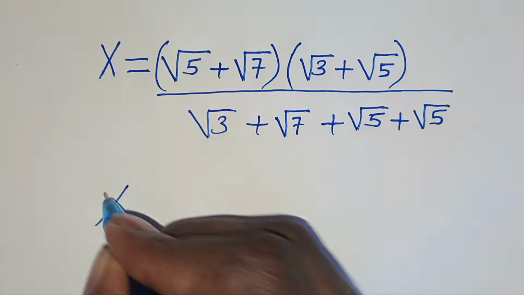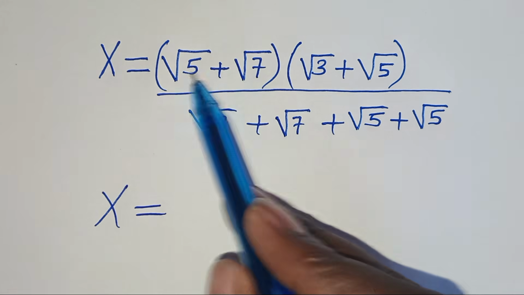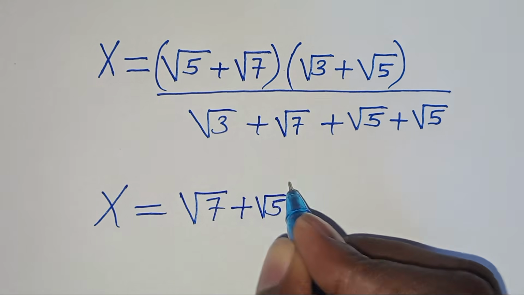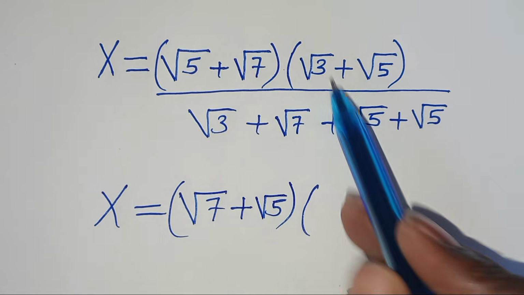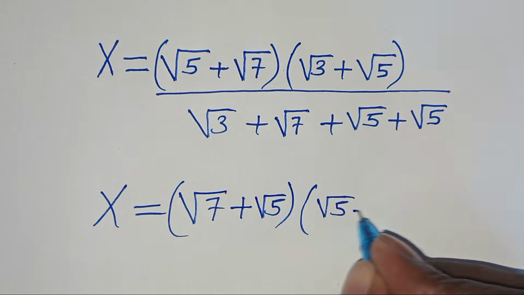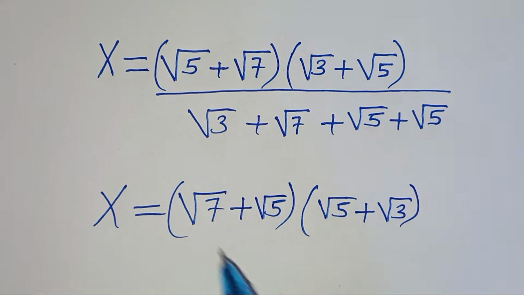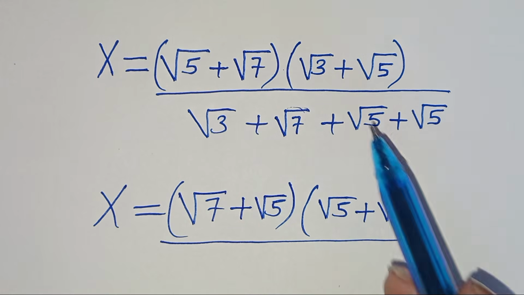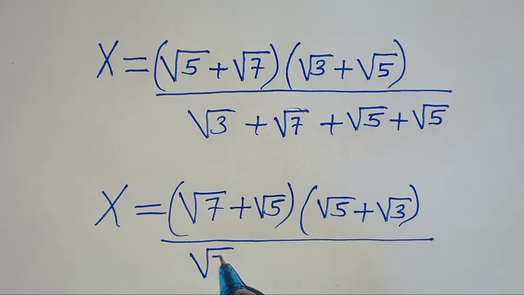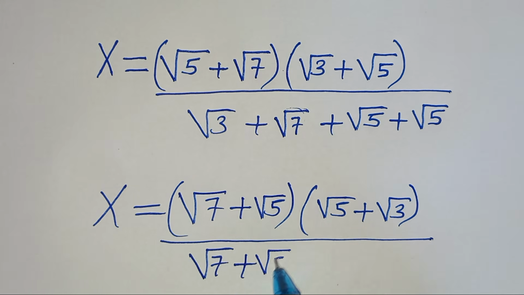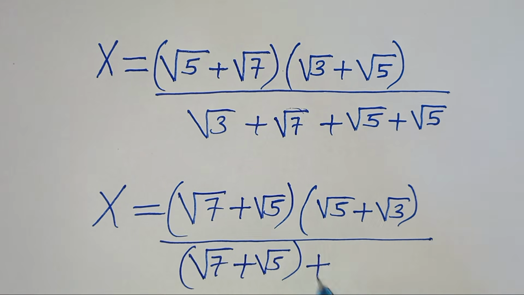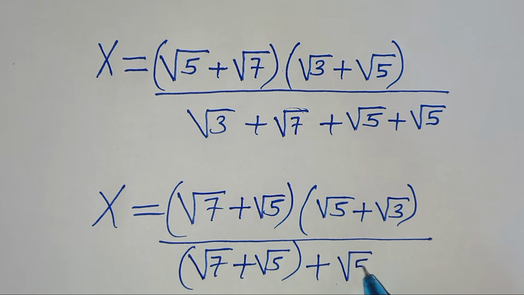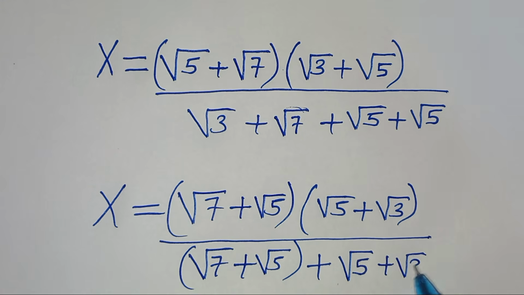Now we have x is equal to, in the numerator here, we can express this as the square root of 7 plus the square root of 5, multiplied by the square root of 5 plus the square root of 3. This is divided by, now here we have the square root of 7 plus the square root of 5, then plus the square root of 5 plus the square root of 3.